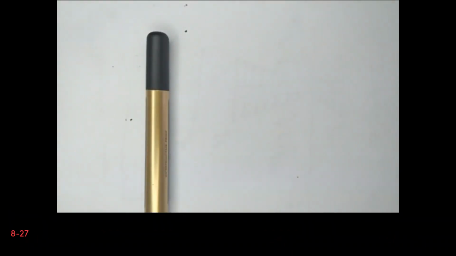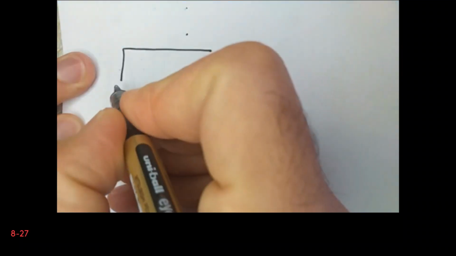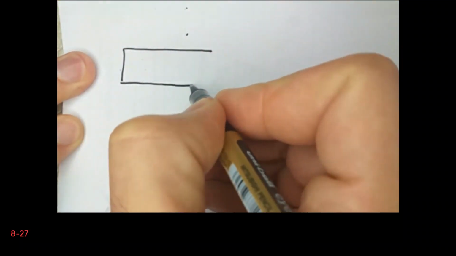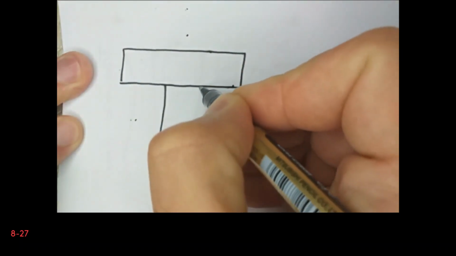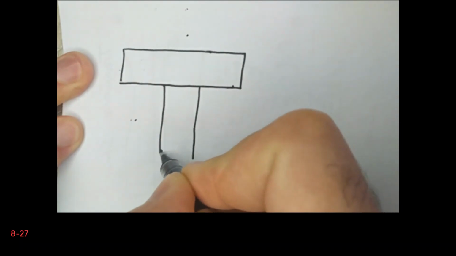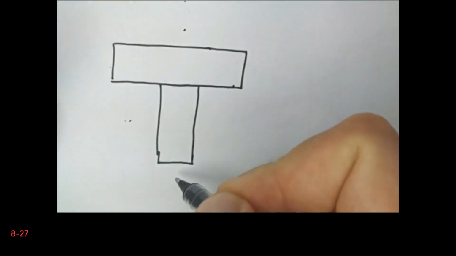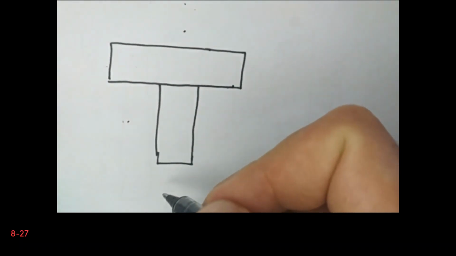So let's draw the cross section again here. Okay. Now we need to determine a reference point. Of course, I will choose the bottom line as my reference.